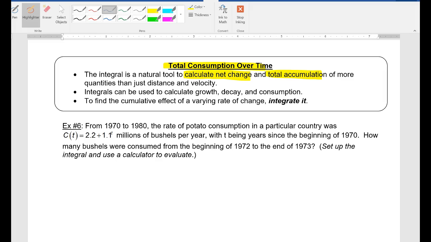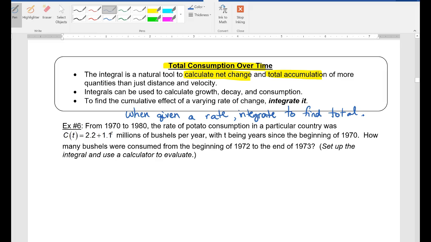So basically, when we're given a rate, integrate to find the total value, or to find the total. Okay, so here's an example.